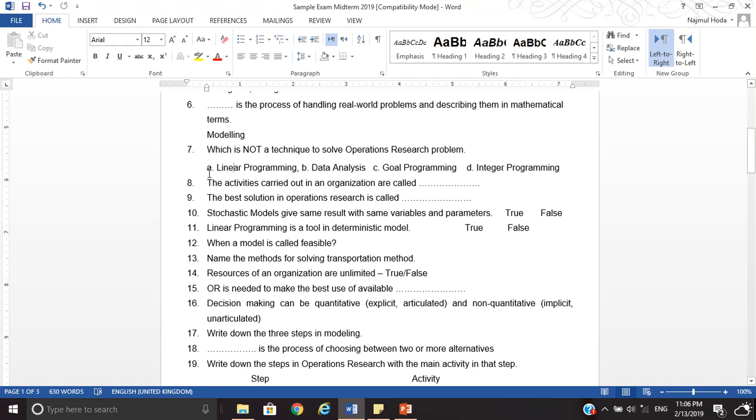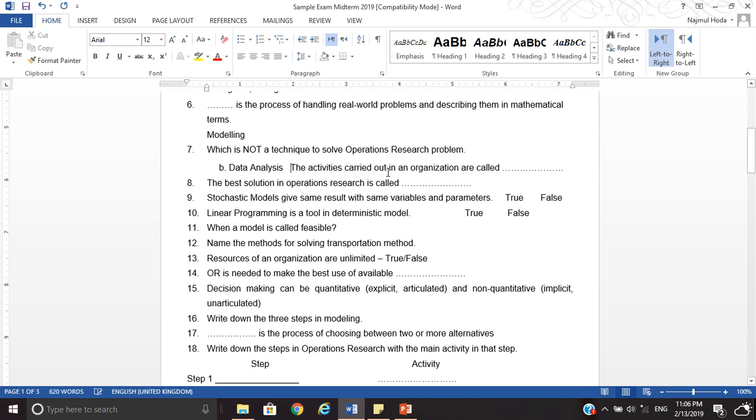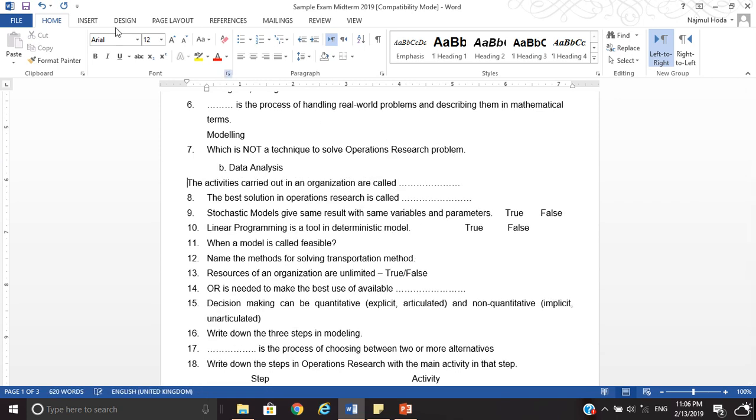Linear programming is really a technique. We have seen it. Data analysis is not a technique of operations research, rather we do this in research methodology. Goal programming, we didn't learn it, but it is a technique of operations research. And integer programming also, it's written there, it's a technique.